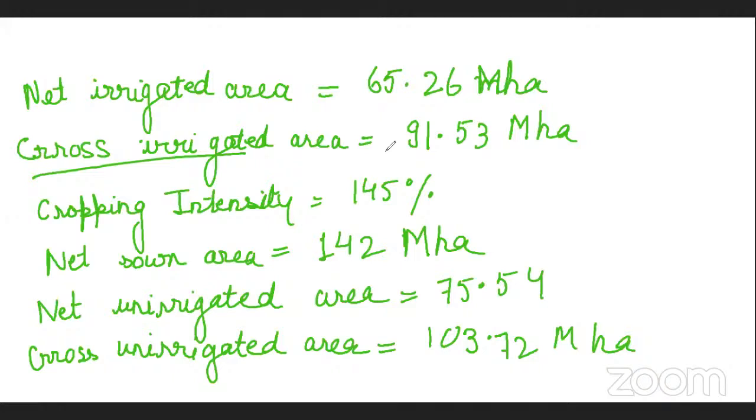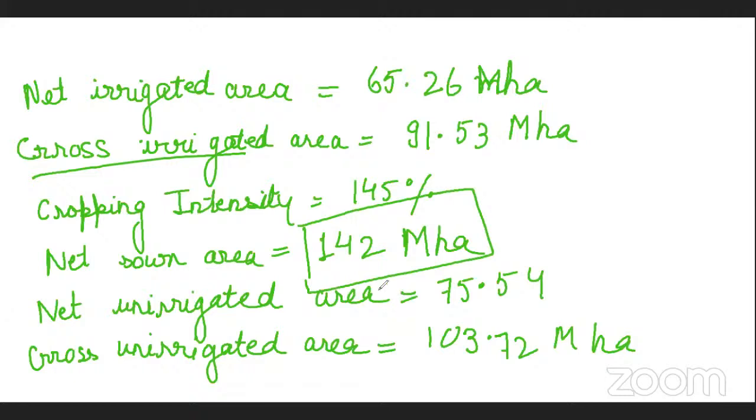Irrigation area. Okay, of course. It's an irrigation area, but something else you might also describe from these data. What extra is given here? If we see how much area we are sowing, it's given 142.